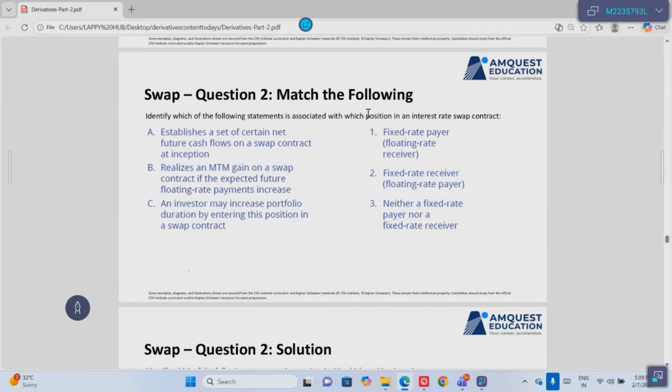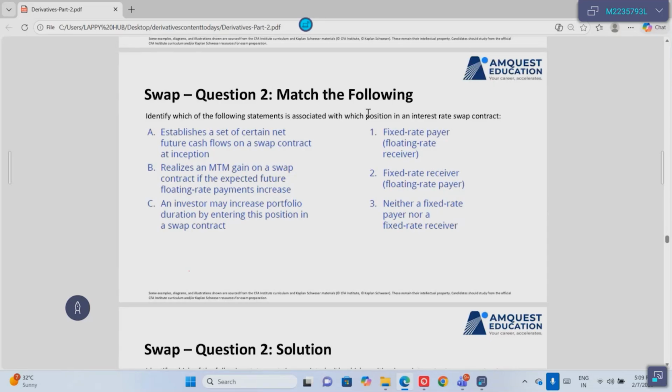So I think the first one would be the fixed rate payer, because they are establishing a set of certain net future cash flows on a swap contract. Okay, fine. Next: realizes an MTM gain on the swap if the future floating rate payments increase.